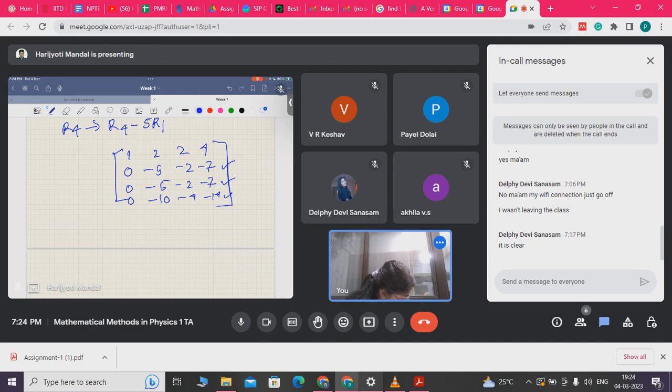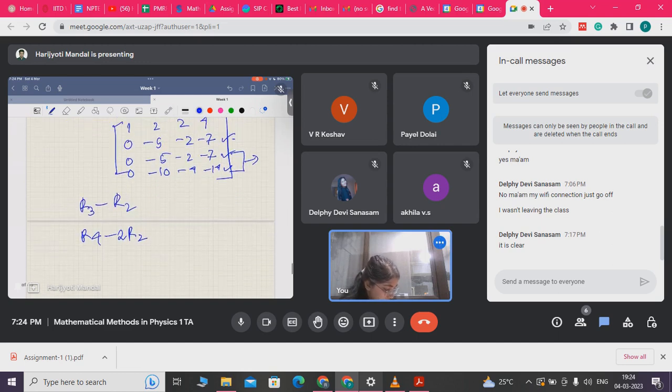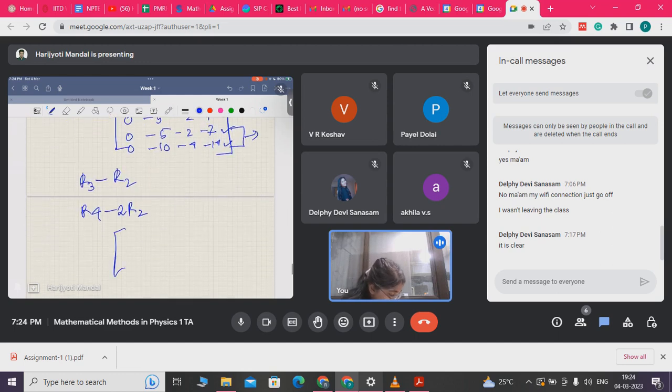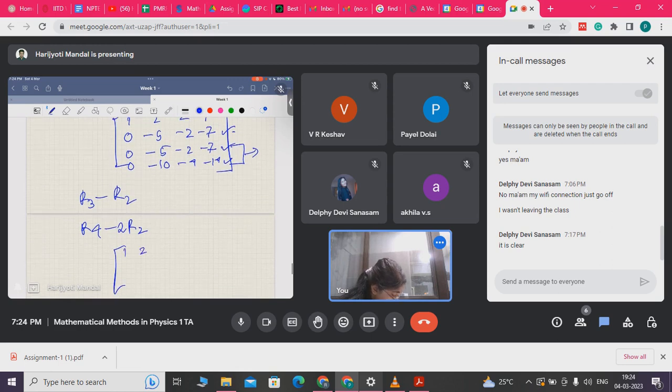Now simple, if you minus R2 from R3 and minus 2 of R2 from R4, both of these rows will vanish at once, right?